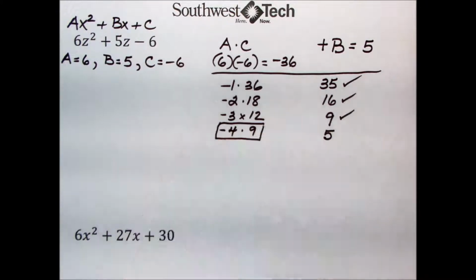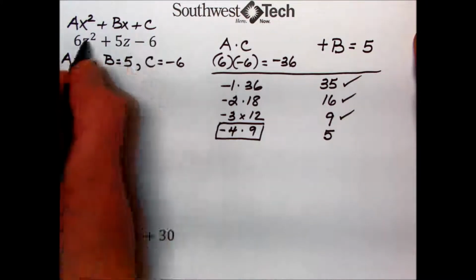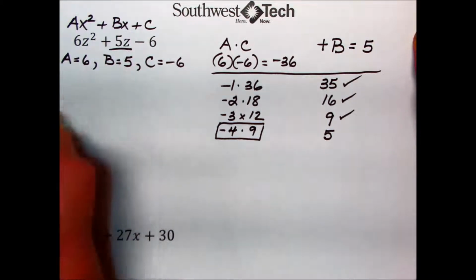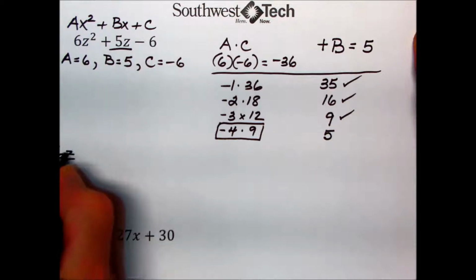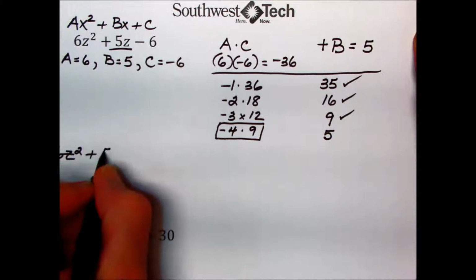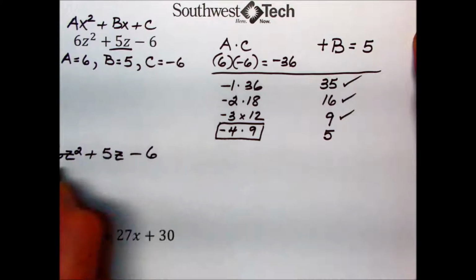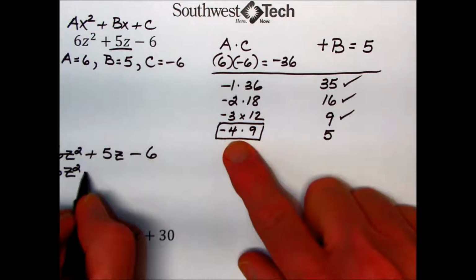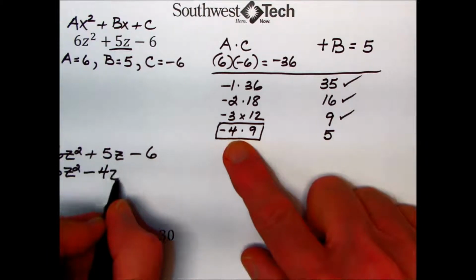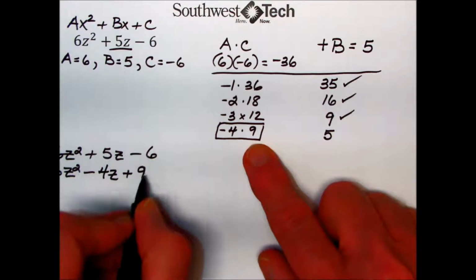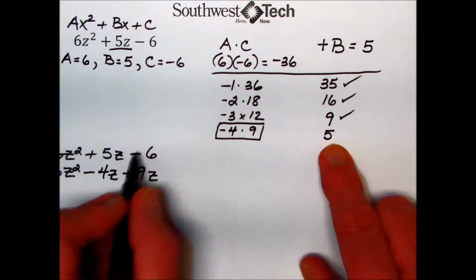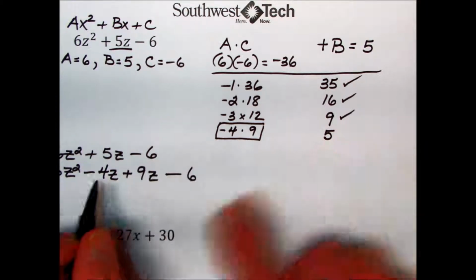So this is our factor pair that we will use in our next step, step 3: rewrite your trinomial middle term. So we have 6z squared plus 5z minus 6, and instead of 5z, I will write a minus 4z plus 9z, using those two factors that add up to be 5, and then I still have to have my minus 6.